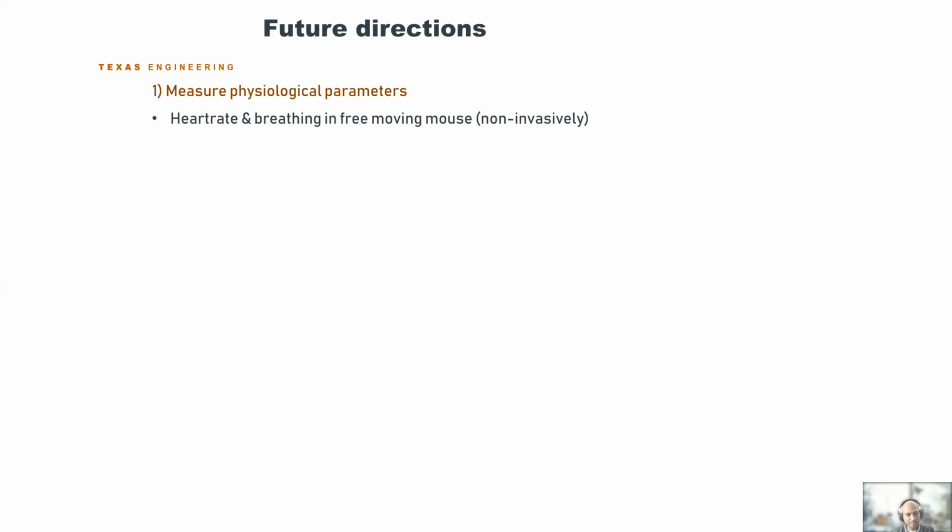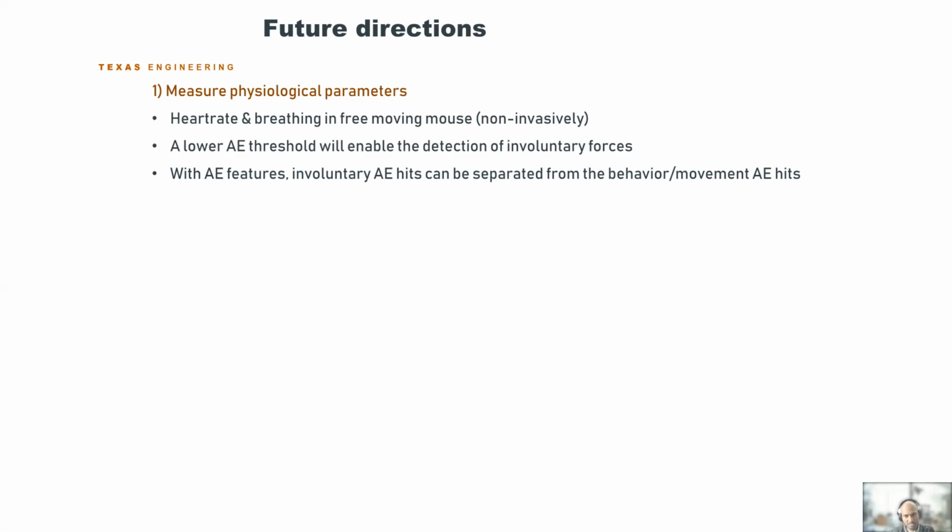We think we can do that by lowering the threshold. In these studies, we kept a higher threshold of 35 dB because we wanted to study behavior. We can measure these involuntary forces once we lower this threshold really low, and we'll be able to distinguish these hits coming from physiological processes from behavior based on the uniqueness of these signatures.